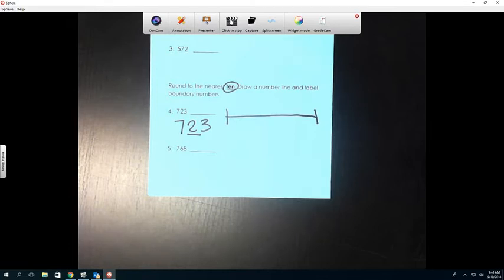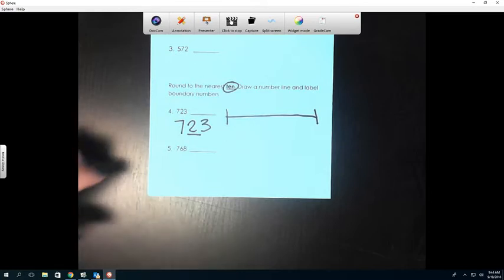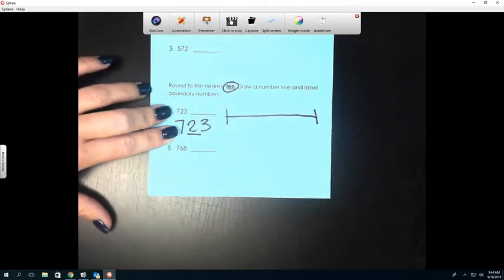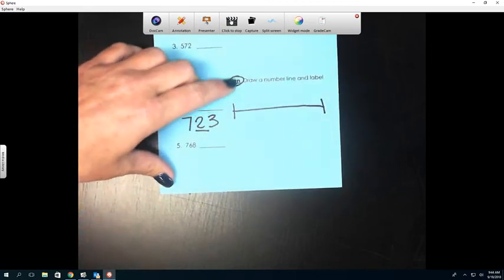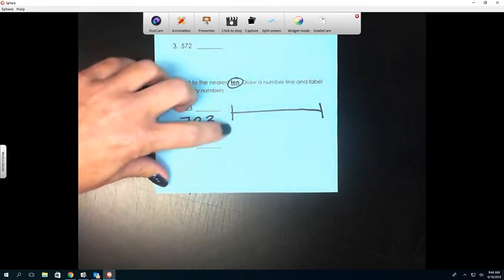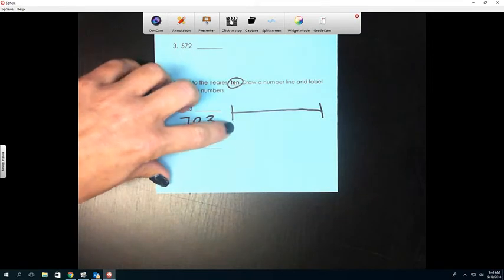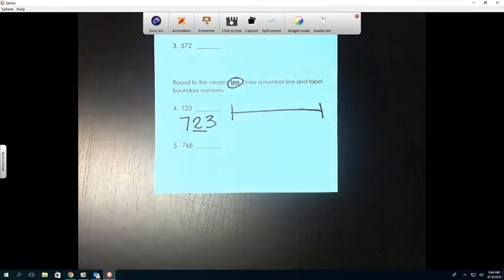Good. The boundary numbers. Now, this one's a little trickier because this number is 3 digits. It goes to the hundreds place, but we're only rounding to the tens. So, I have to find the boundary numbers to the tens. If I was counting by tens, starting at 700, I would go 700, 710, 720, 730, 740, 750, and so on.